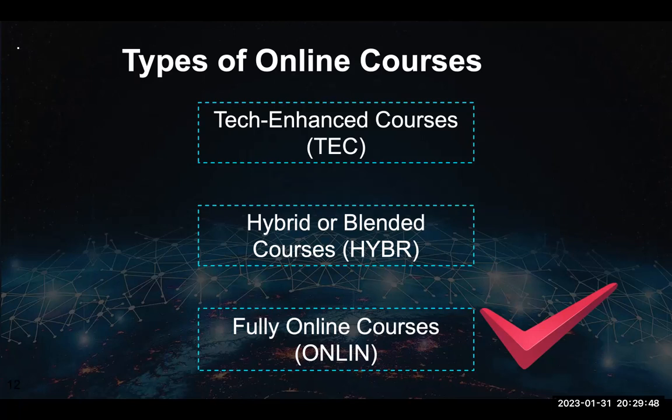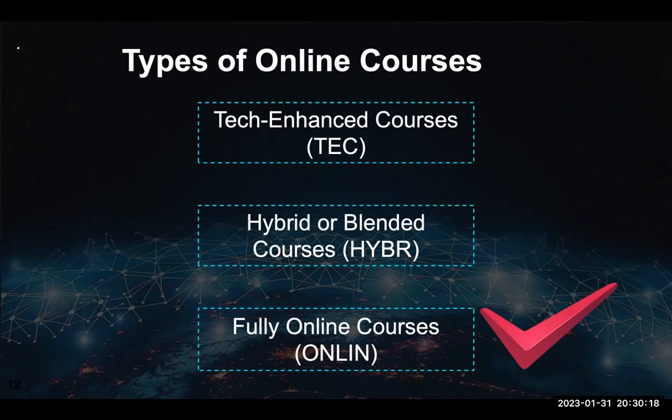The next one is hybrid or blended courses. Essentially, hybrid learning is designed to maintain an equal balance between online and offline learning, while blended learning is designed to give in-person students online material to complement their in-class experience. So this is hybrid or blended learning, where you have to maintain the equality between the online learning and offline learning.